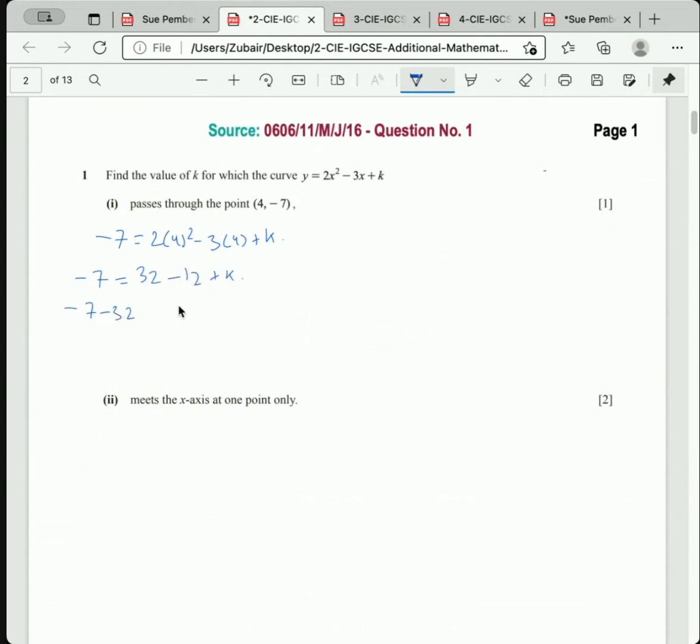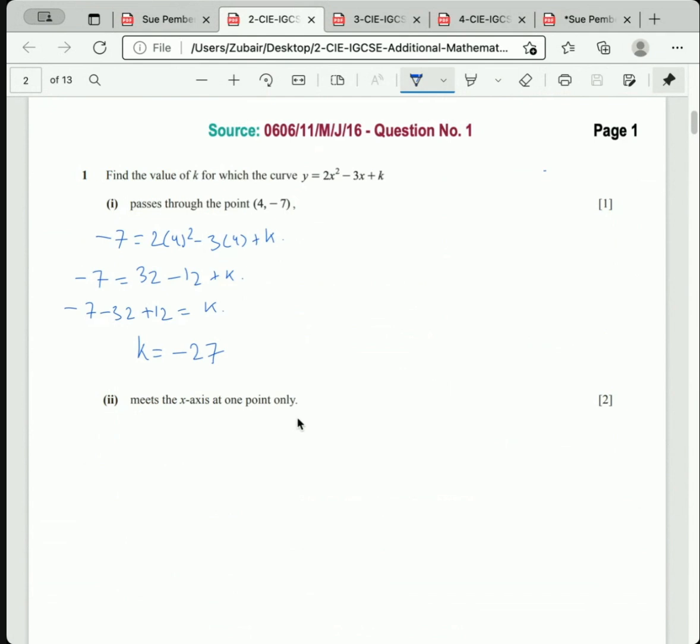Minus 7 minus 32 plus 12 is equal to k. K is equal to minus 27.